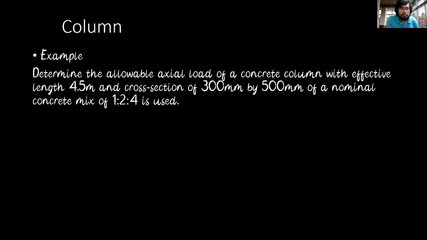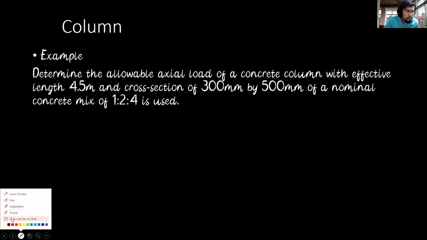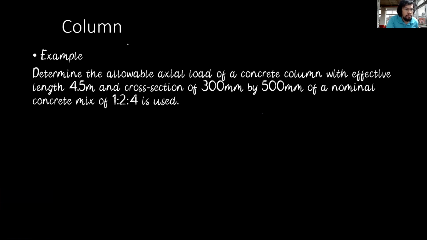So the best thing to do is to directly compute for the slenderness ratio, which is lambda, L over B.